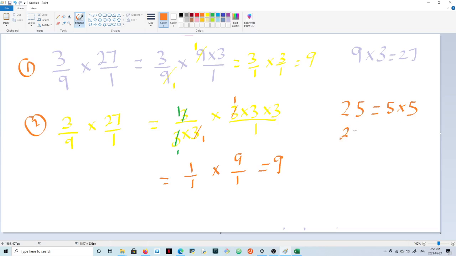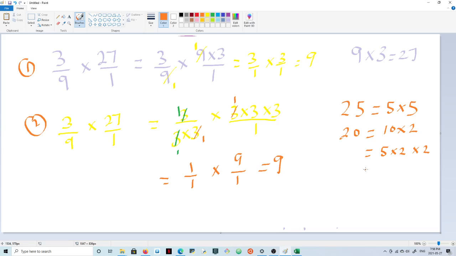If you have a number like 20, this can be 10 times 2, and 10 is the same as 5 times 2, so we have 5 by 2 by 2, right?